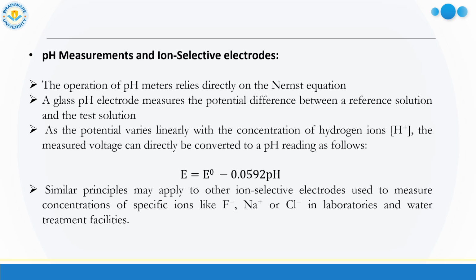By using a similar principle, we may apply it to other ion selective electrodes, which are used to measure concentration of specific ions like F minus, Na plus, or Cl minus in laboratories and different water treatment facilities.